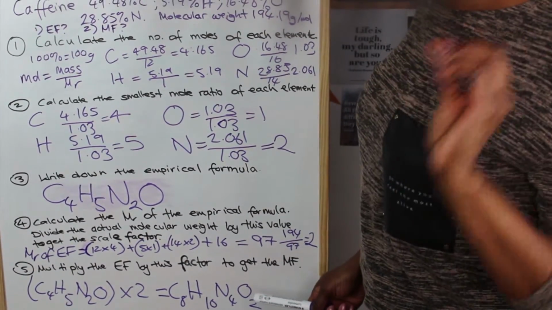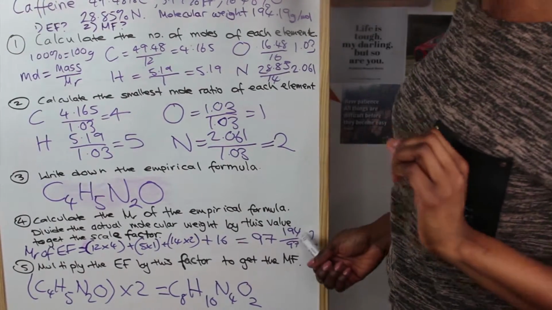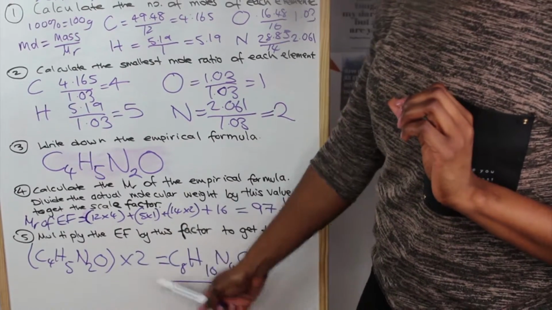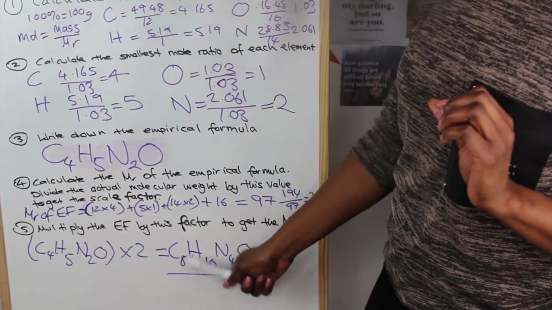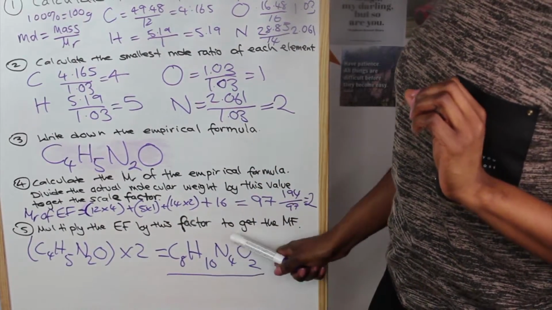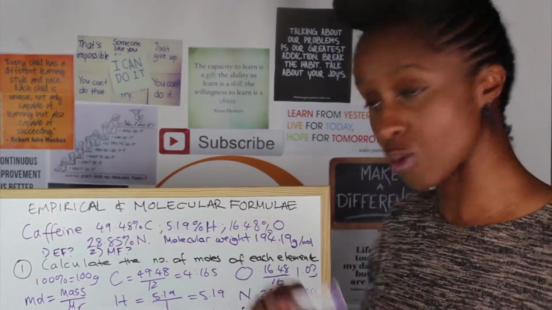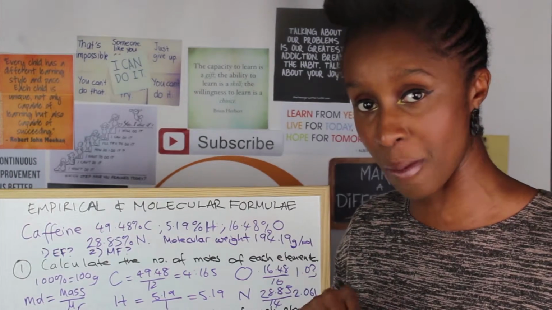In our final step, we multiply that value by the empirical formula that we have, and that gives us C8H10N4O2.